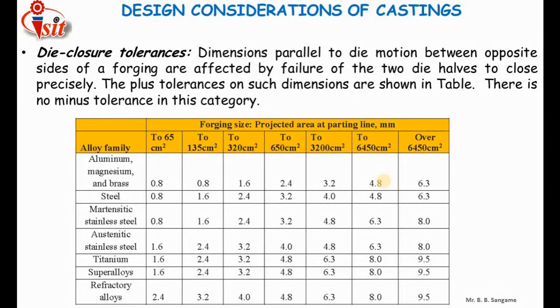The plus tolerances on such dimensions are shown in the table. There is no minus tolerance in this category. Here you can see the die closure tolerances for every material: aluminum, magnesium, brass, steel, martensitic steel, austenitic stainless steel, titanium, superalloys and refractory alloys. The columns represent the forging size, the projected area at the parting line.